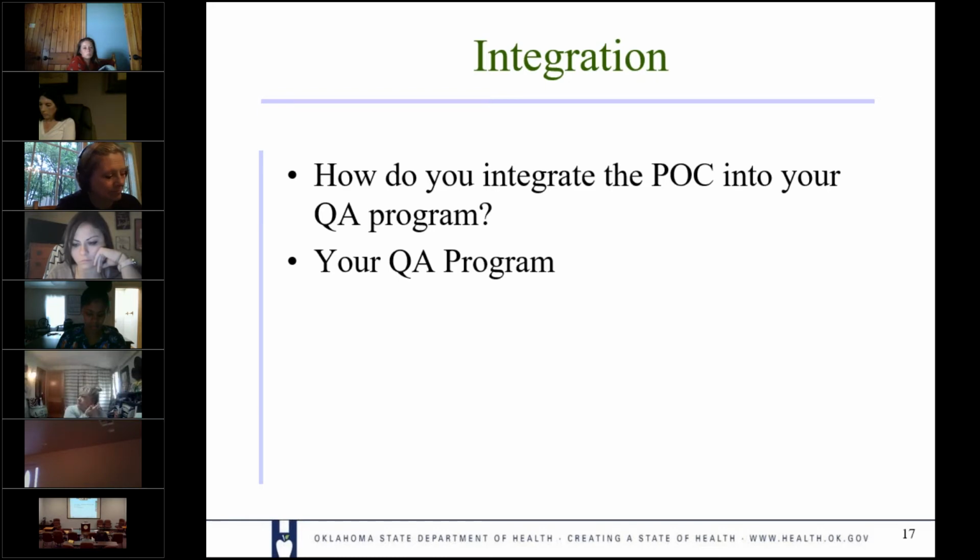So maybe if you're going to your QA monthly or whatever, this is what's going on. Are we going to change any of these protocols? Is this something we've been monitoring for? Maybe we've been monitoring this for 6 months. We've been in compliance for a while, but we want to change the way we monitor it or what processes.